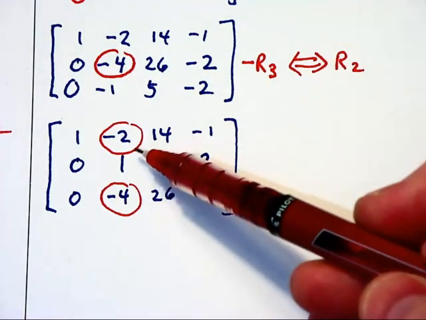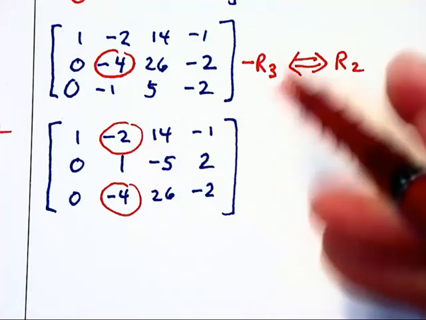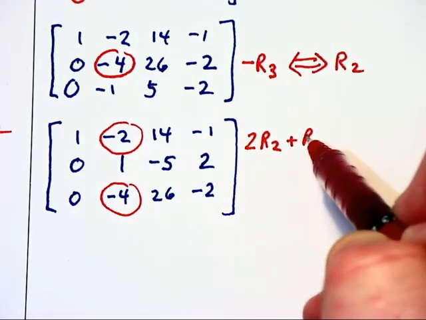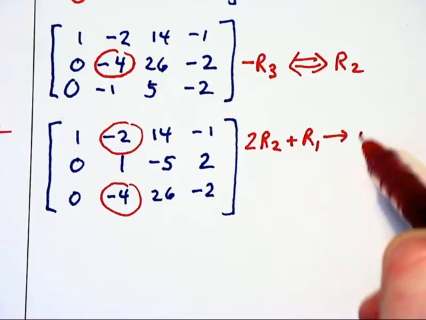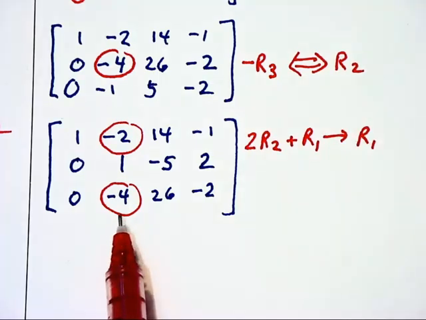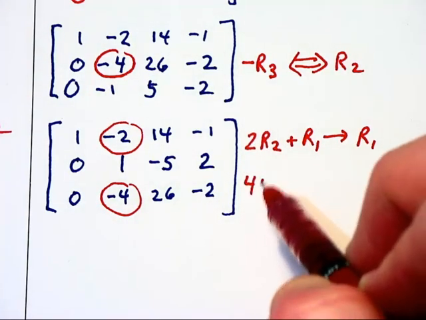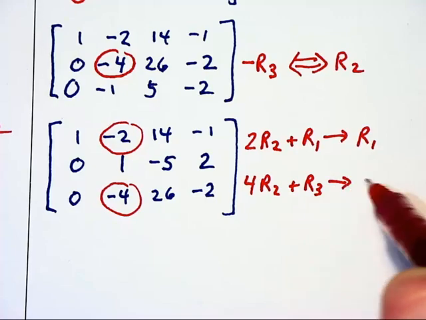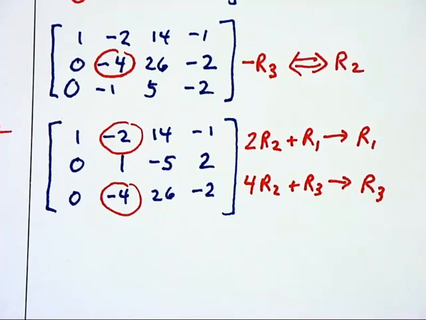To cancel out this -2, I need a +2. So 2 row 2's plus row 1 becomes the new row 1. And to cancel out this -4, I need a +4. So 4 row 2's plus row 3 becomes the new row 3.